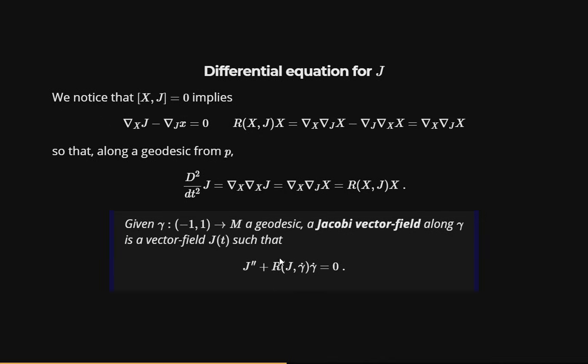So this depends linearly, because this is the Riemann curvature, which is linear in every component. This is the second derivative. This is an expression which is linear in J. These kind of vector fields are called Jacobi vector fields.